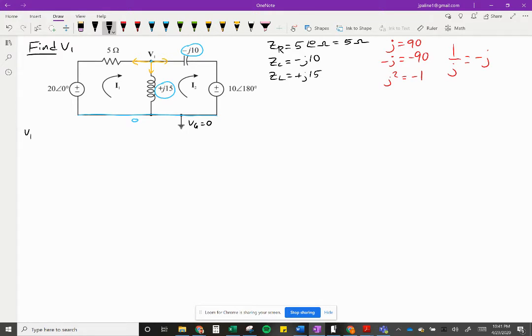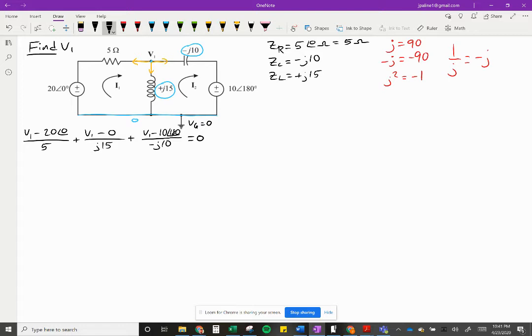So V1 minus 20 at angle 0 over 5 ohms, plus V1 minus 0 over J15, plus V1 minus 10 at angle 180 over negative J10. Then we'll set that equal to 0.